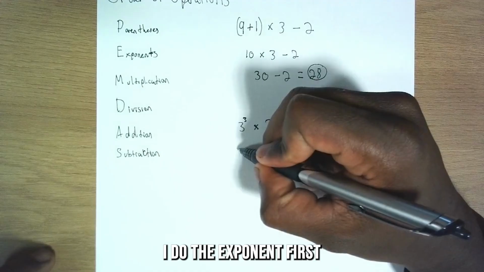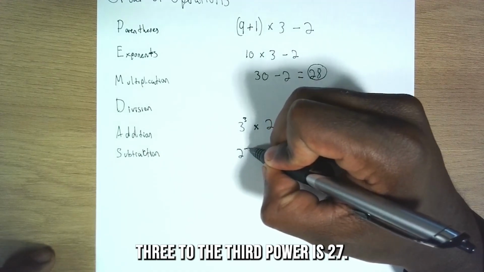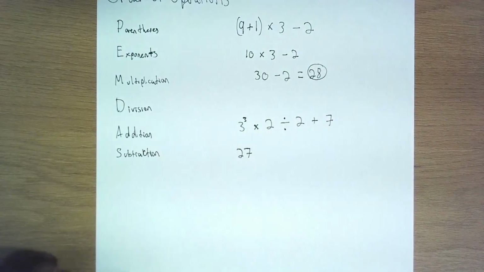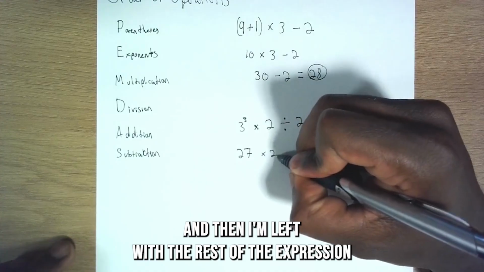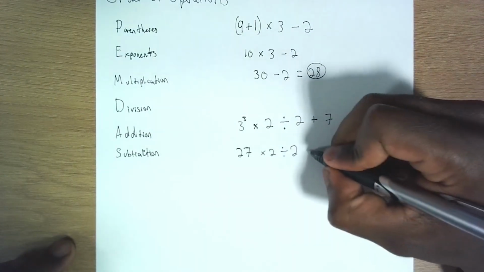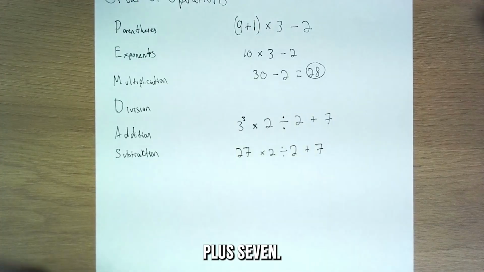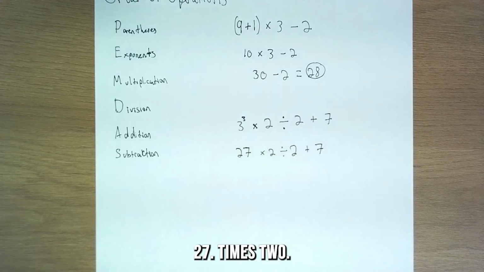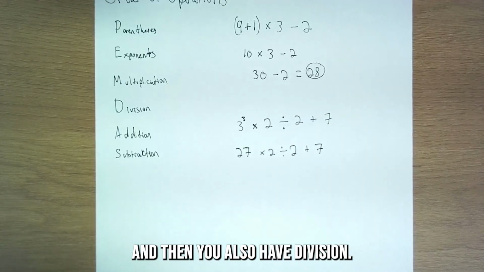I do the exponent first. 3 to the third power is 27. And then I'm left with the rest of the expression, times 2 divided by 2 plus 7. 27 times 2, and then you also have division.